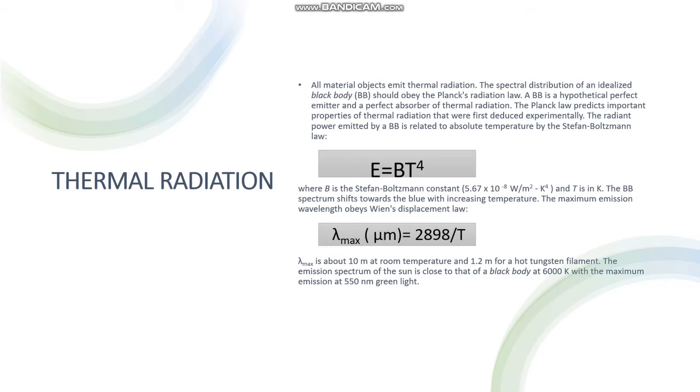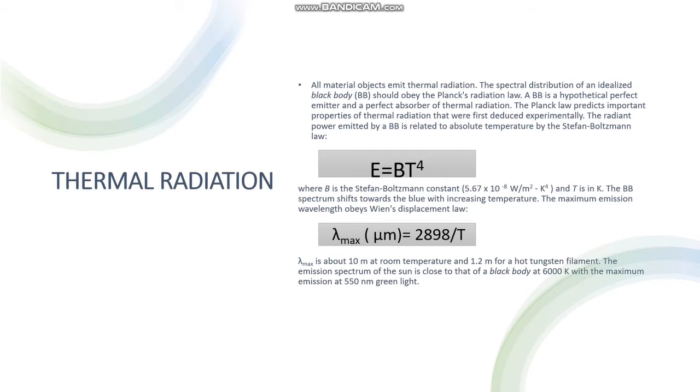Thermal radiation. All material objects emit thermal radiation. The spectral distribution of an idealized blackbody should obey Planck's radiation law. A blackbody is a hypothetical perfect emitter and a perfect absorber of thermal radiation. The Planck law predicts important properties of thermal radiation that were first deduced experimentally.